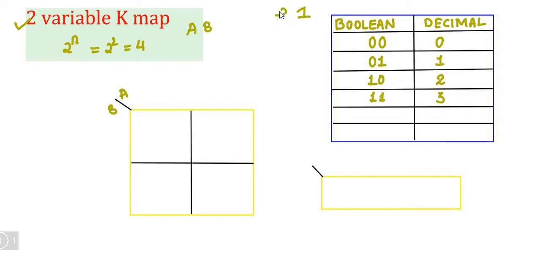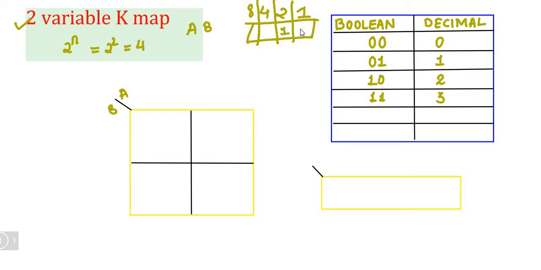Write 1, 2, 4, 8 and then write whatever Boolean value you have. For example, I have 1, 0, 0, then I multiply 0 with 1, which is 0, then 2 with 0, which is 0, and 4 with 1, which is 4, and then I add them. So this gives me 4.